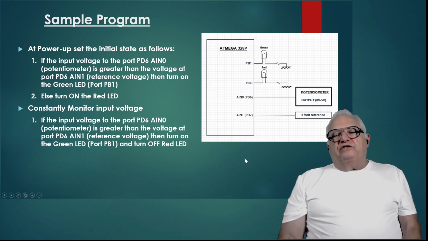Otherwise, we turn on the red light. So we do the test at startup, and then we constantly monitor the input from the potentiometer to decide whether or not we want to turn on the red or green light.